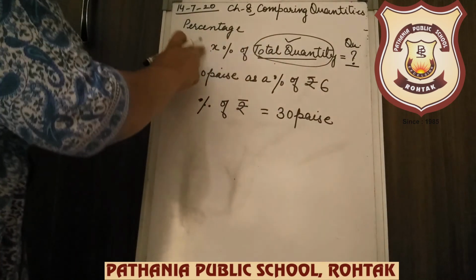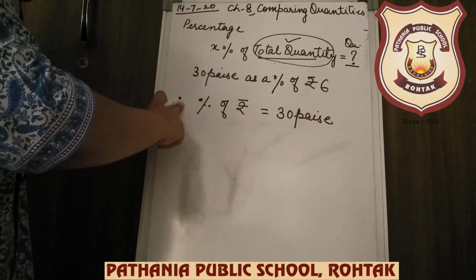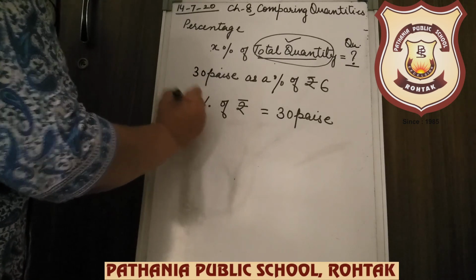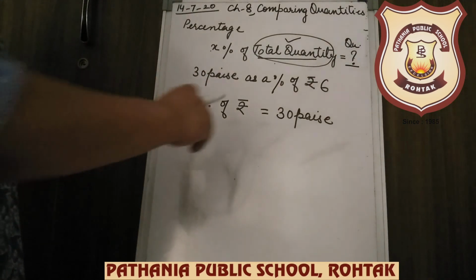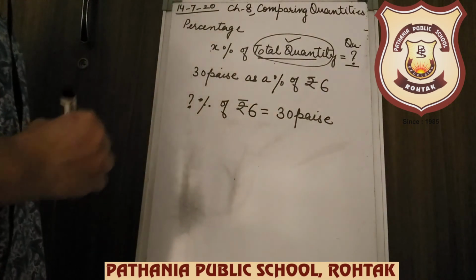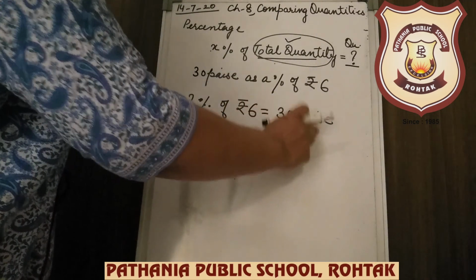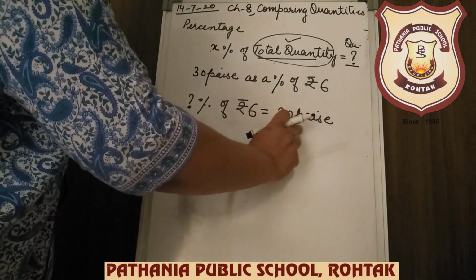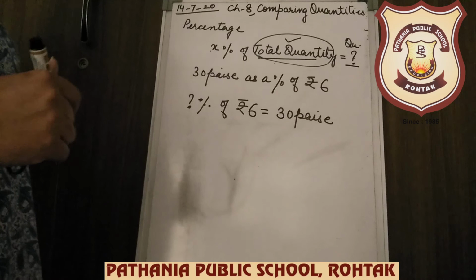Now you see this statement and this statement both are the same. Percentage, this you have to find out. Rupee 6 is given and that is equal to 30 paisa. So what percent of rupee 6 is 30 paisa?